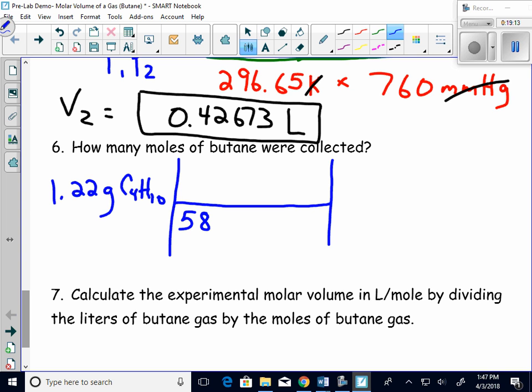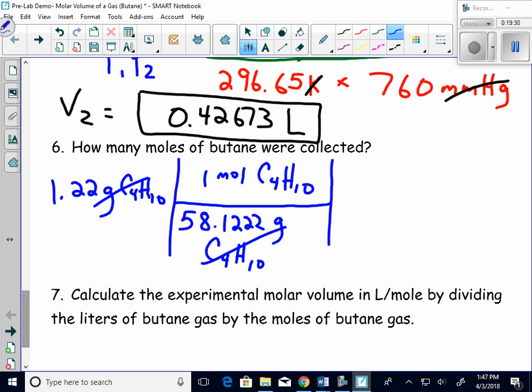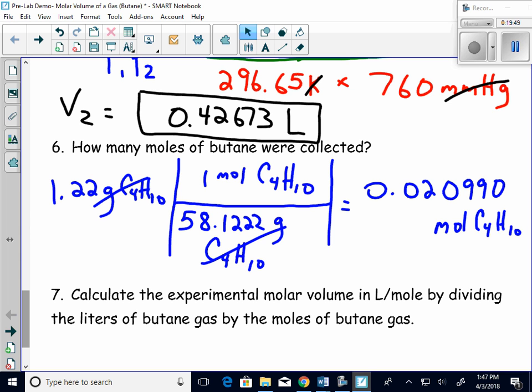That value is 58.1222 grams of C4H10 equal to 1 mole of C4H10. I get my grams to cancel. I do my math, and this comes out to 0.0200990 moles of C4H10. Moles of butane. That's just a flux capacitor move.